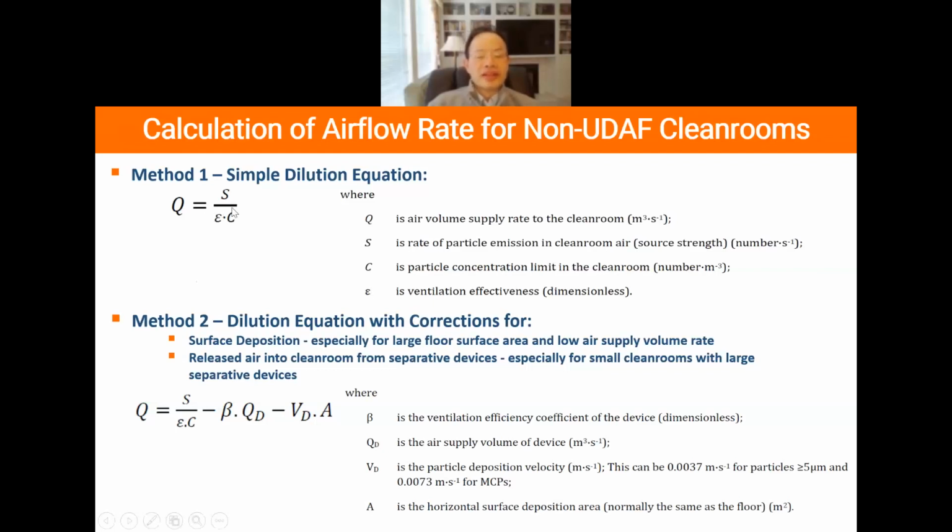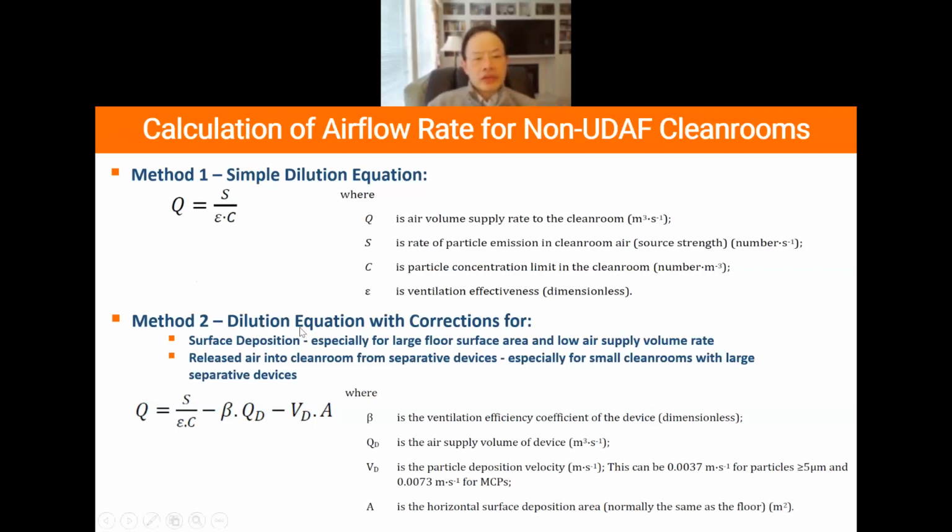We changed the notation several times. It is a dimensionless factor. This ventilation effectiveness, as we talked about earlier, could be contaminant removal effectiveness, or could be air change effectiveness. The official definition is defined by ASHRAE and utilized globally, and this new ISO standard introduced the concept.